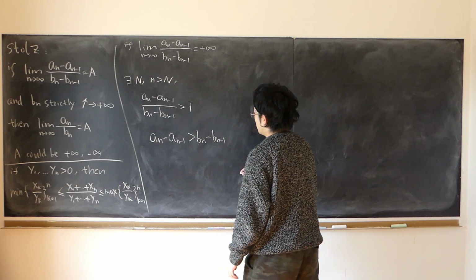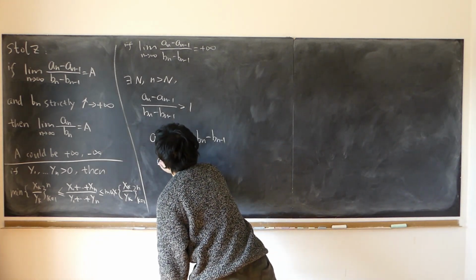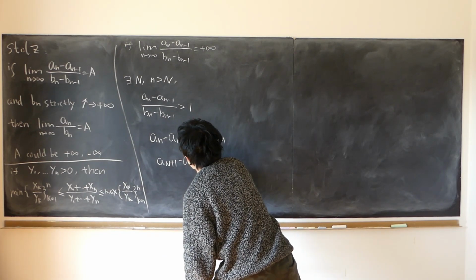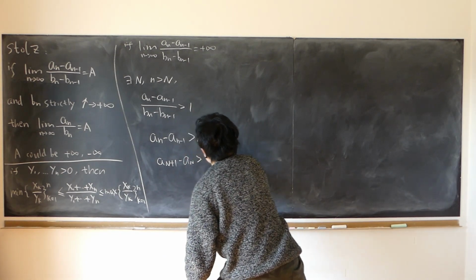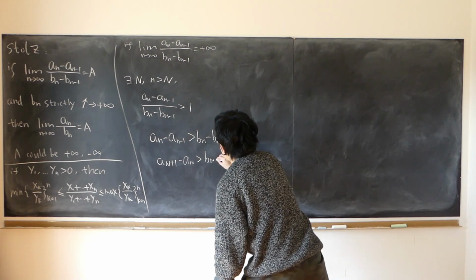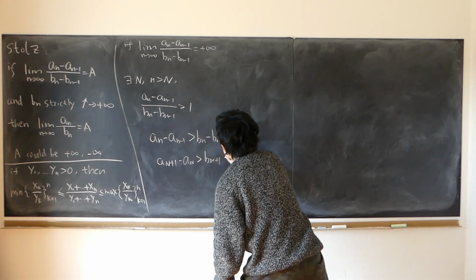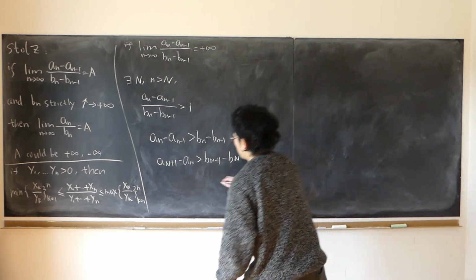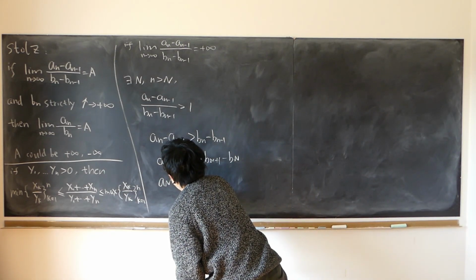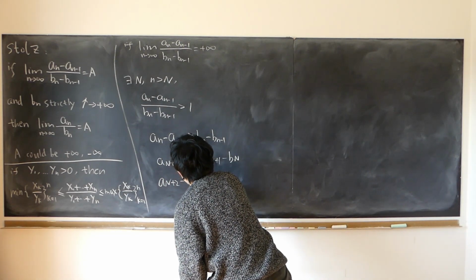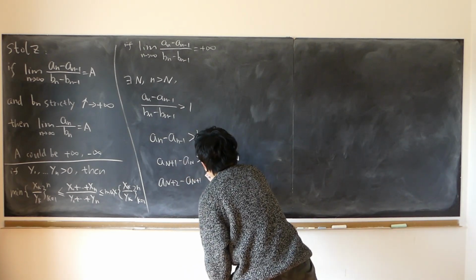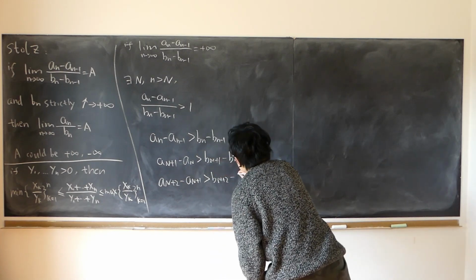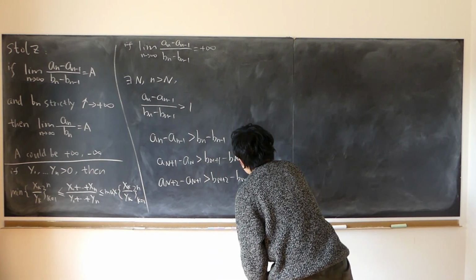So in other words, I have the following. A capital N plus 1 minus A capital N is bigger than B capital N plus 1 minus B capital N. And A capital N plus 2 minus A capital N plus 1 is bigger than B capital N plus 2 minus B capital N plus 1.